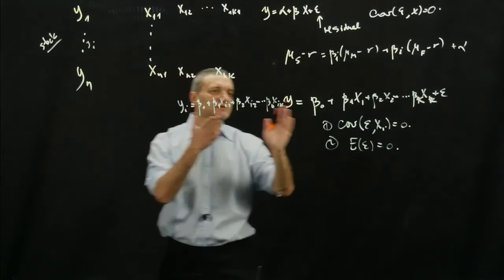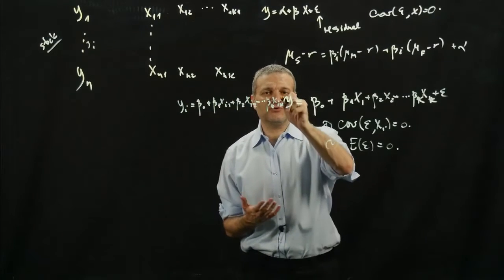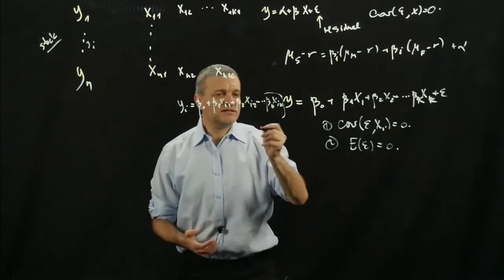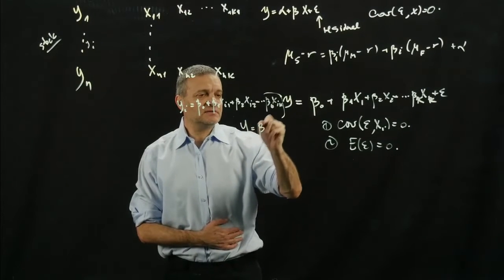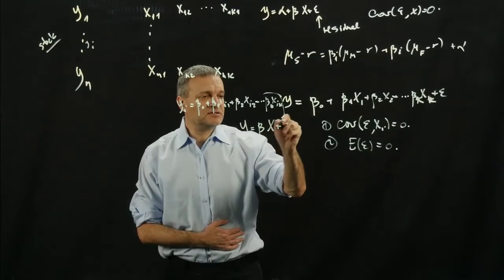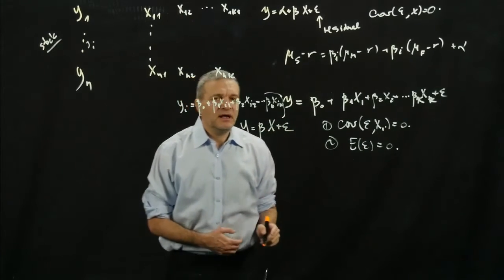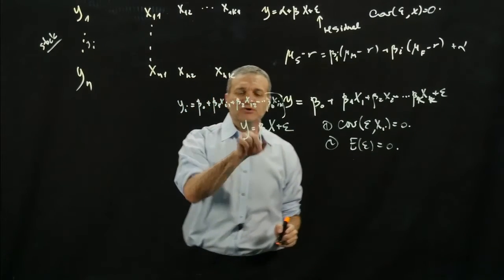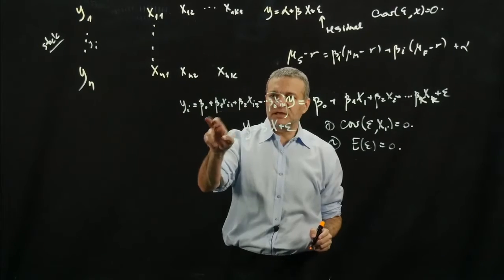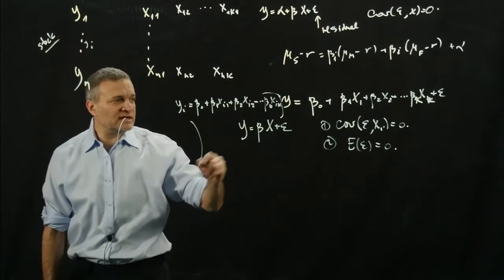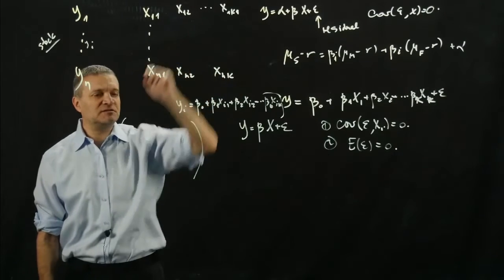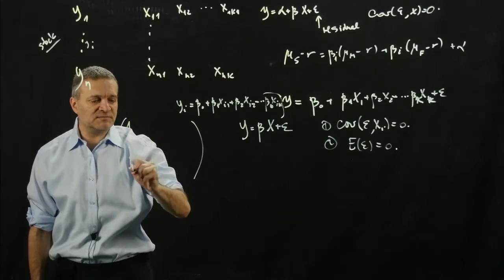So, people like to write it in a matrix form. Then they will basically write that y equals beta times x plus epsilon. Now, this x also includes beta 0. So the matrix is going to look like not just this matrix, but it's going to have 1, 1, 1 in the beginning.